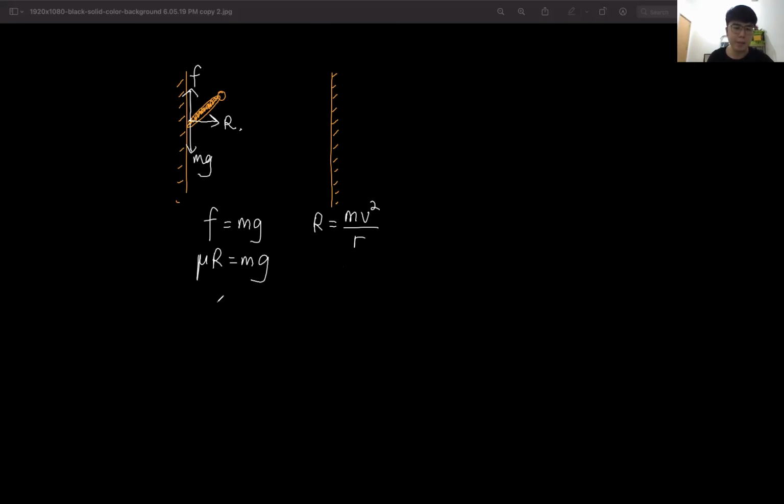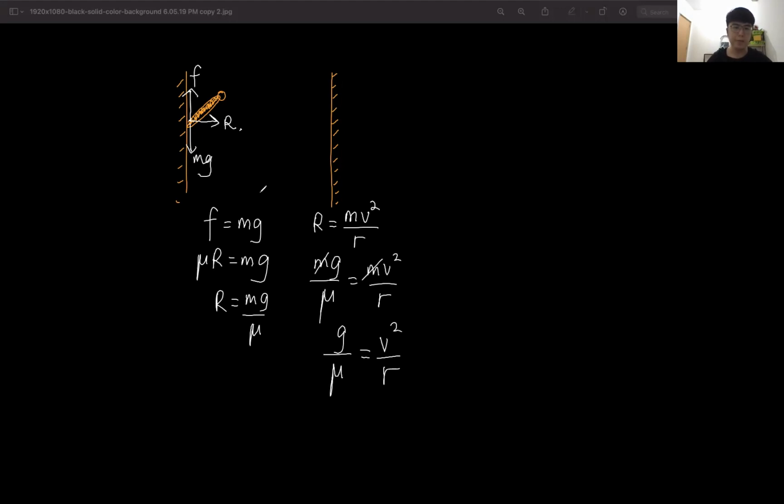That means here we have R equals mg over coefficient of friction. So put it in here, we have mg over mu equals mv squared over R. Cross, what do we get? g mu equals v squared over R.